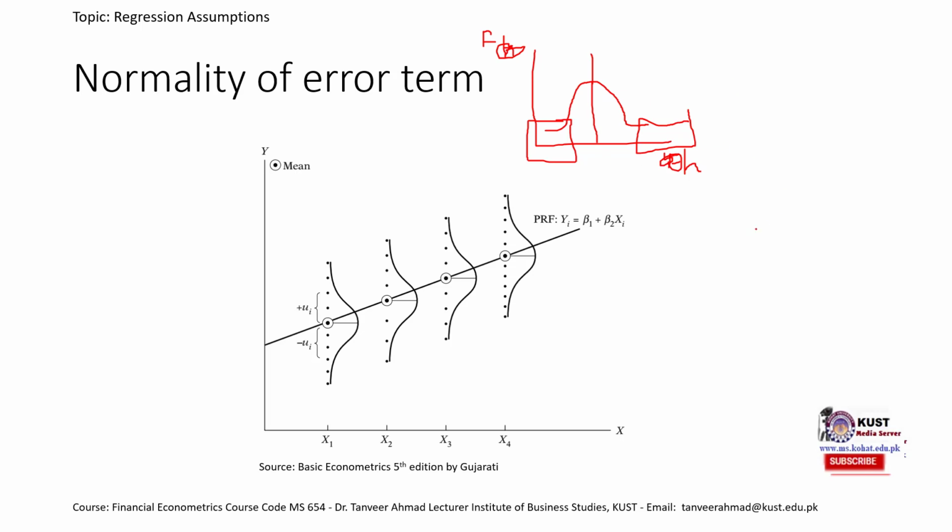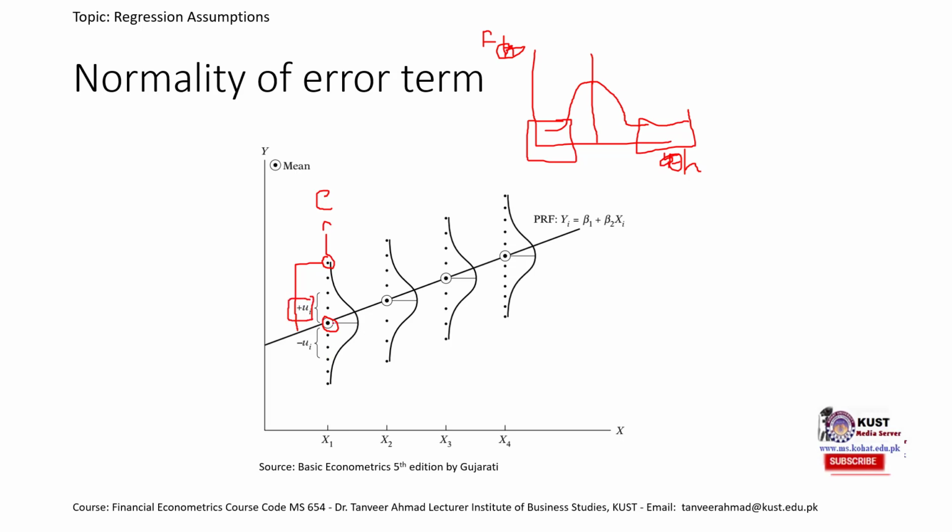So similarly, these dots are error terms, these are the actual observations, and this is our estimated value of y. If we look at the difference between the estimated value and the actual observation, we would call it error term.